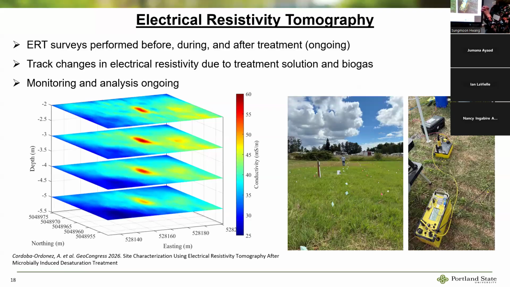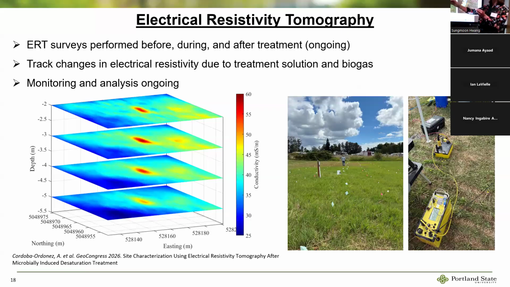And why we want to introduce ERT into our field treatment is thinking about the way that this gets implemented in practice. As you're injecting the treatment solution into the ground, you want some kind of monitoring to see that the treatment solution is spreading throughout the targeted treatment zone, that it's not just channeling through one area, maybe one fracture or one high conductivity layer.